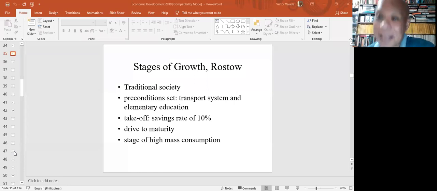It does have some implications on the environment, but we will be discussing that later on. So now we'll be looking at the two different types of traditional societies and how these different types of traditional societies were generating savings.